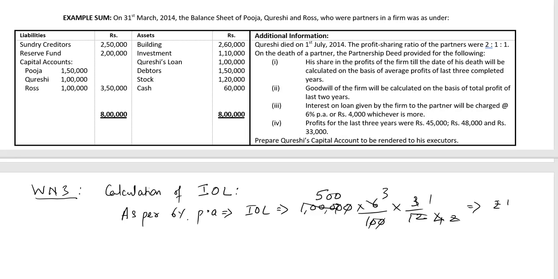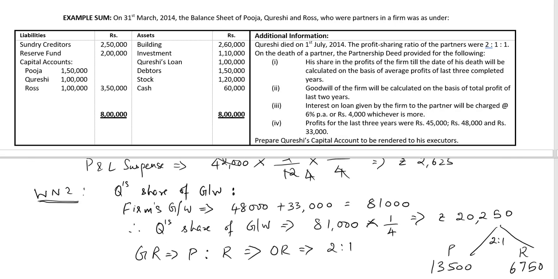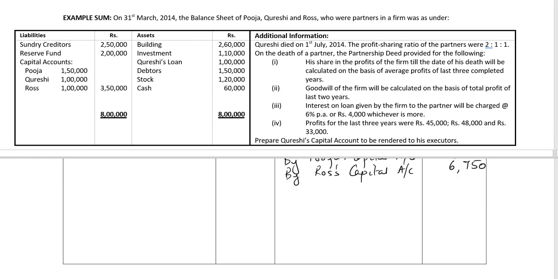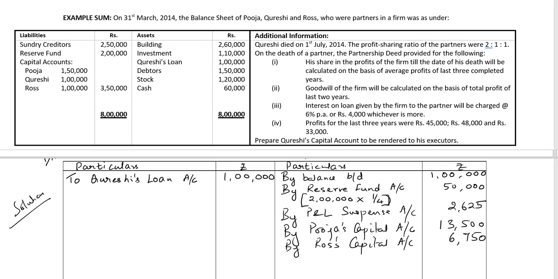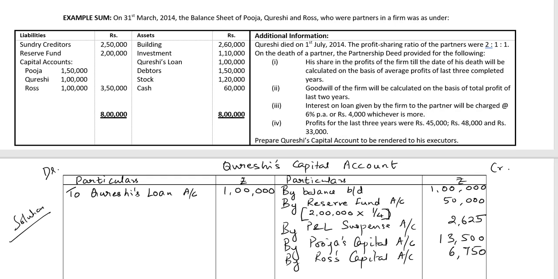So the answer comes to rupees 1,500. However, it says rupees 1,500 or rupees 4,000, whichever is more. So the greater amount is rupees 4,000, and so the interest on loan charge will be rupees 4,000. So let's enter this also in Qureshi's capital account. To interest on loan account, rupees 4,000.